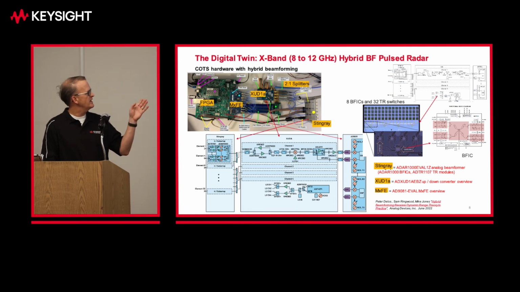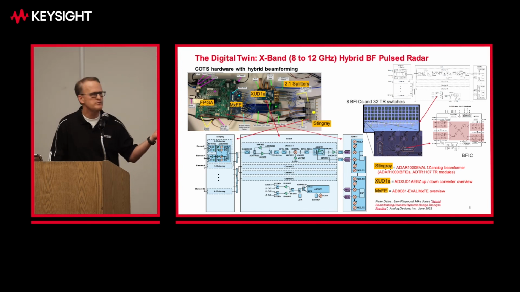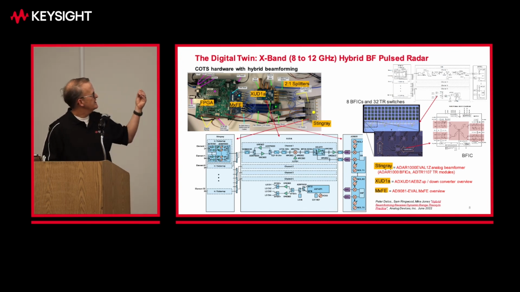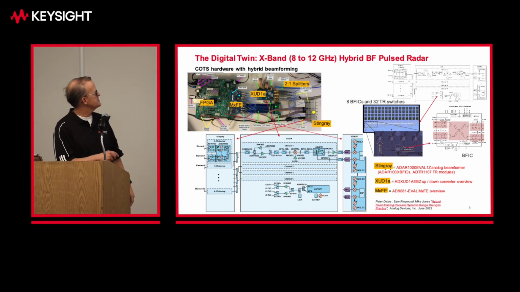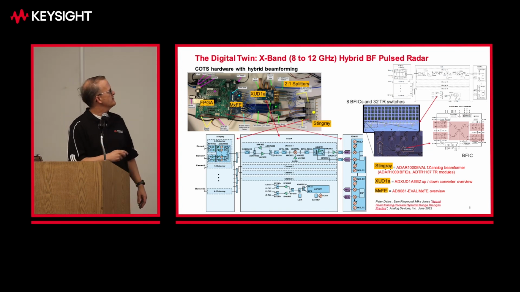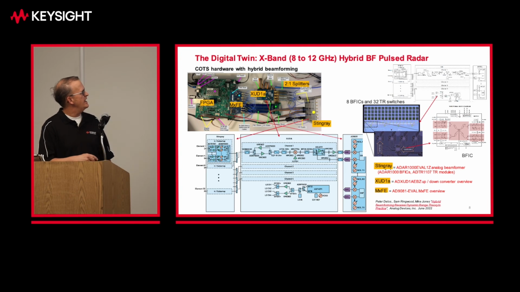And their ADT 1107, that's a TR module. So they put that in an eval board. And we did a digital twin model of that from what they call their Stingray phase array, all the way through up and down converters, muxing, down to the FPGA. And all of this was COTS parts, and all of this was modeled in SystemVue.